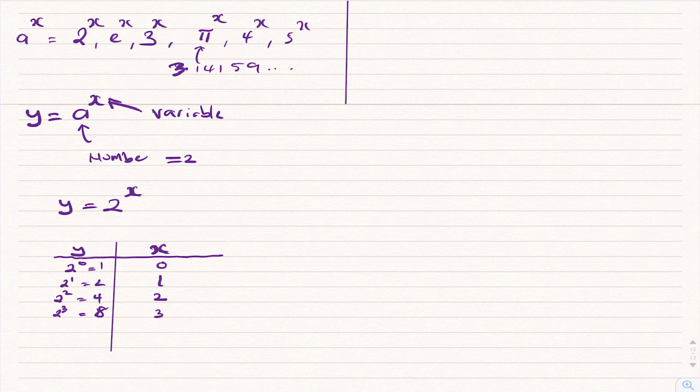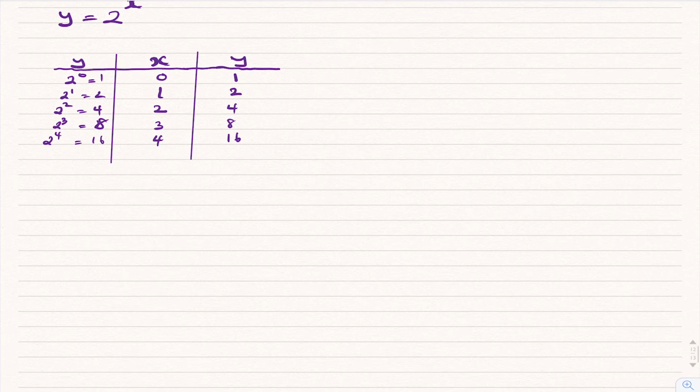We're varying the value of x, so you can take in variable numbers. When x is 4, that'll be 2 to the power of 4, which is 16. So the values of y are 1, 2, 4, 8, and 16. Then I can plot that, and if I plot that, I will get this kind of curve.